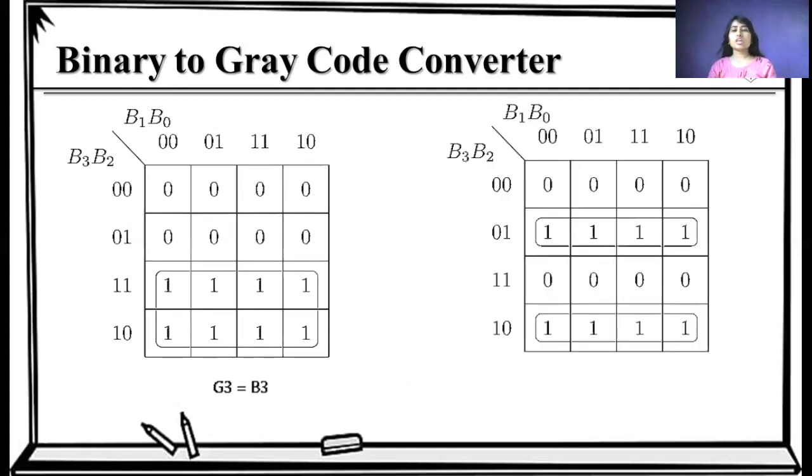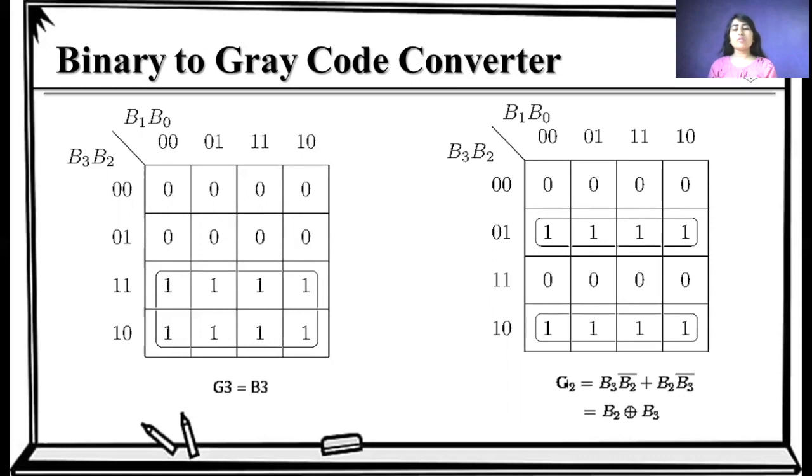Then the next K-map is for G2. We have the equation G2 equals B3 B2 dash plus B2 B3 dash, which is the XOR operation of B2 and B3, and obviously for G2 we take the XOR of B3 and B2.